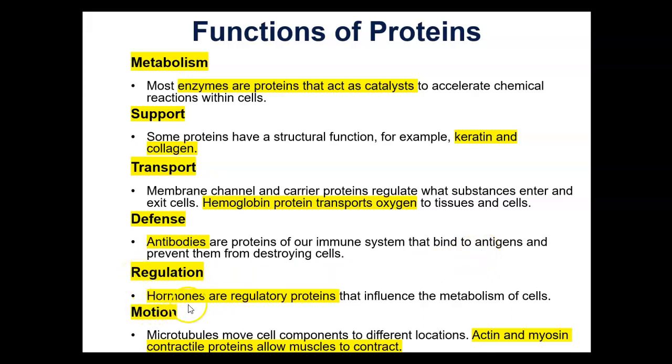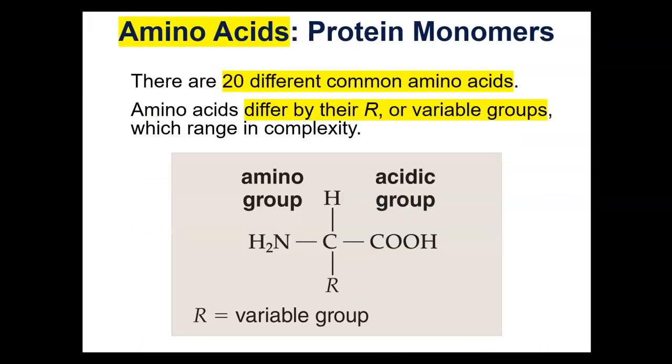Regulatory proteins would include hormones. There are some protein hormones like insulin that regulates glucose. And then there are proteins that contribute to motion, that contribute to contraction in our muscles. Actin and myosin are 2 proteins that cause our muscle cells to contract.